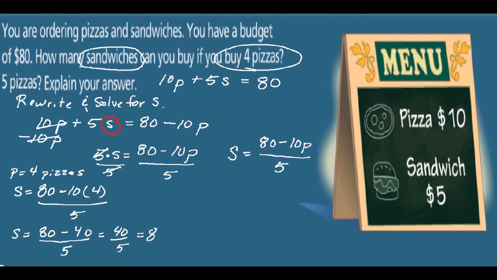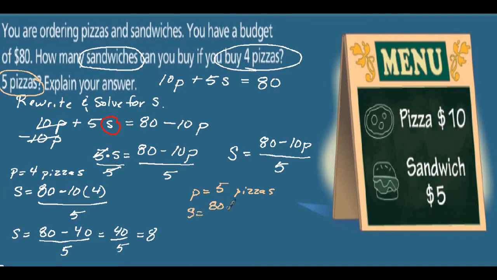Next one said, well, what is it for 5 pizzas? So now we're going to go ahead and do this for 5 pizzas. So we're going to say P is 5 pizzas. Okay, we're going to use the same formula.